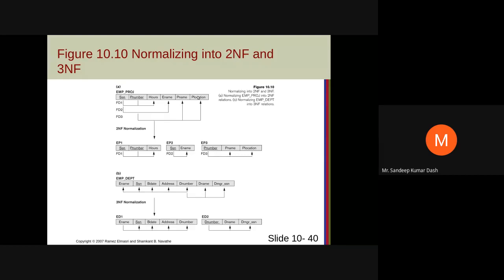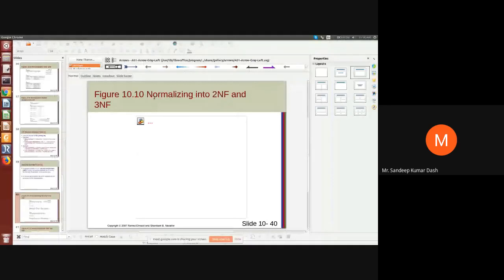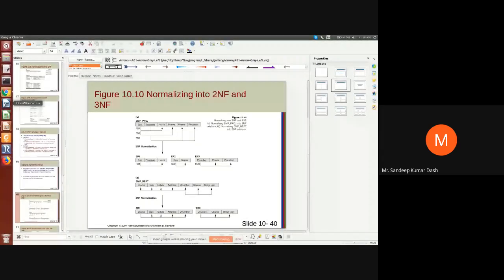Now this is functional dependency 1, which says that SSN, P number determines hours.